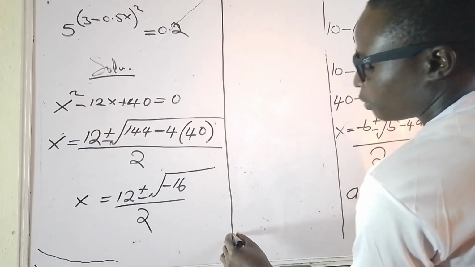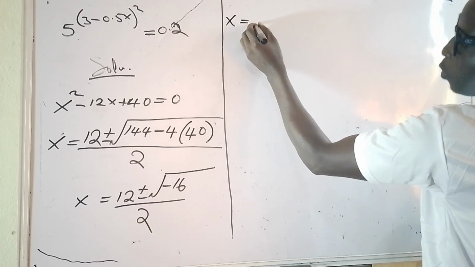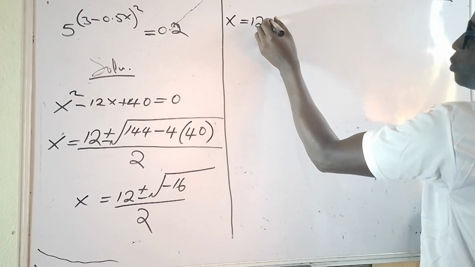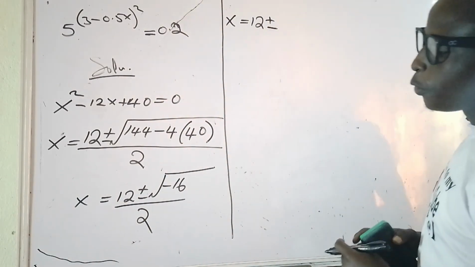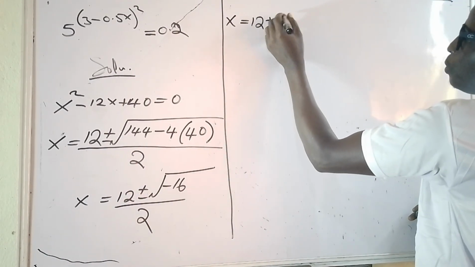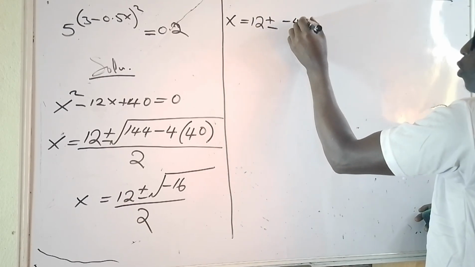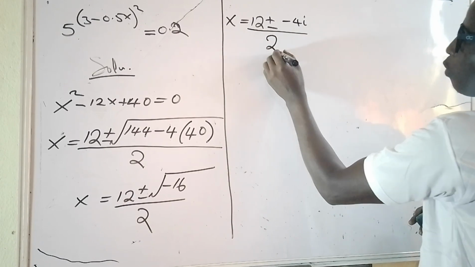Coming here, I'll have x is now equal to 12 plus or minus the square root of 144 minus 160, which is minus 16, of everything over 2.